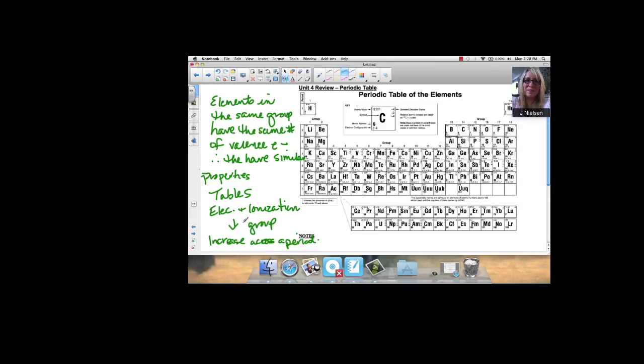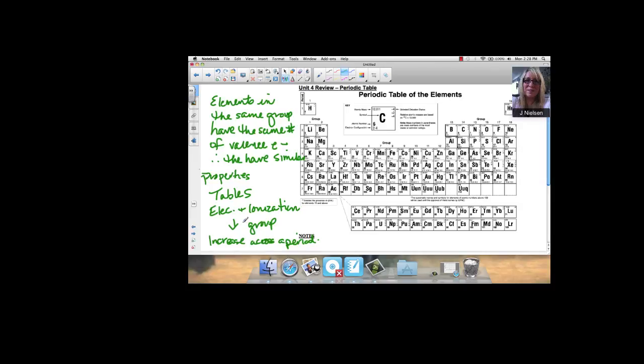So as shielding increases, the attractive forces between the protons in the nucleus and the electrons in the outermost shell decrease, and it becomes very easy to pluck off that outermost electron. So ionization energy is the amount of energy needed to remove an electron, the outermost electron, and that decreases as we go down a group because the outermost electrons are further from the nucleus.